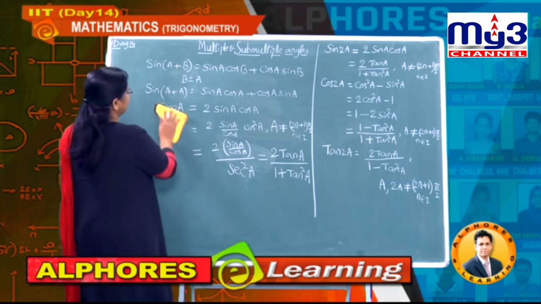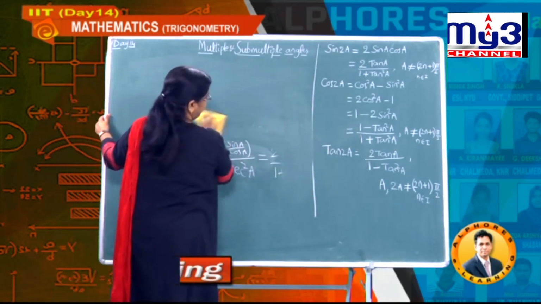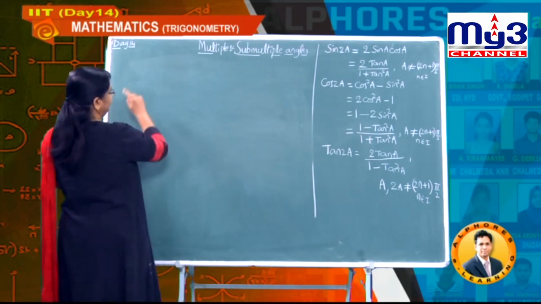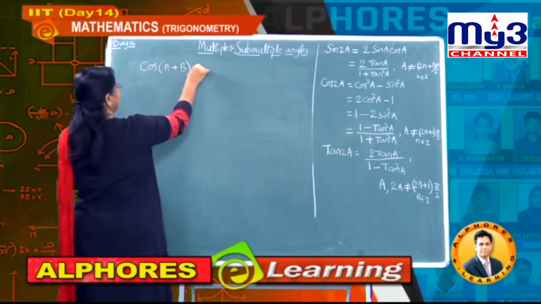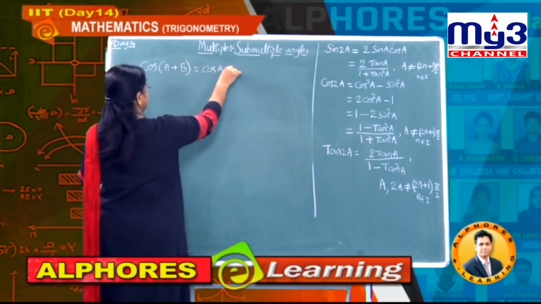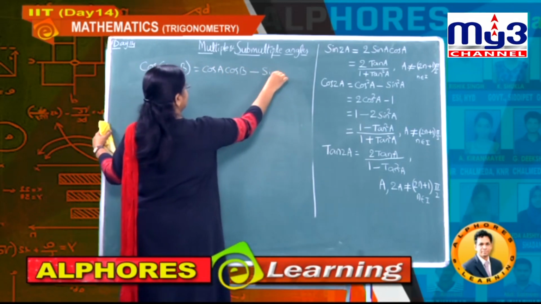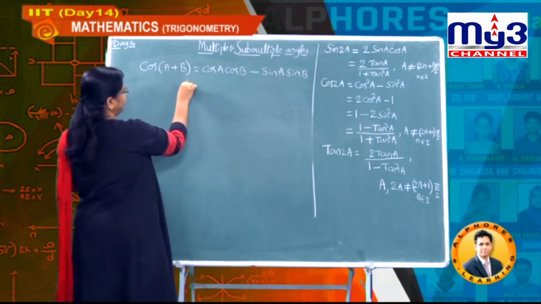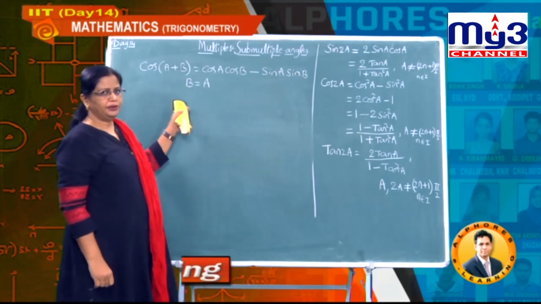Now let us observe in the same way the cos 2A formula. So students, what is cos of A plus B? I think you remember very well. Cos of A plus B formula is equal to cos A cos B, and minus, isn't it? Here plus means here you will get minus sin A sin B, right? And therefore here what we are substituting, wherever B is there, substitute as A, angle only. Okay.